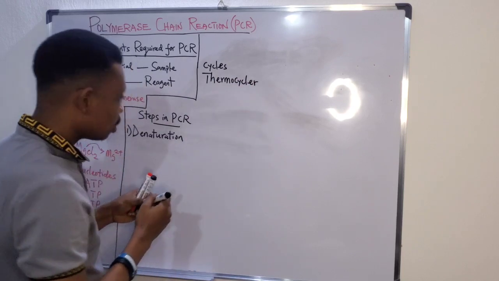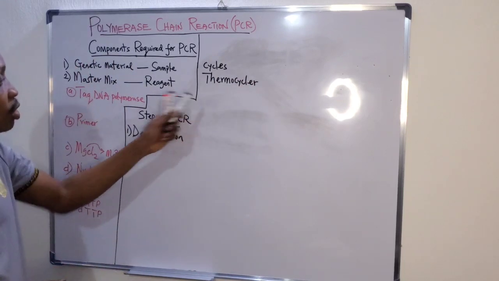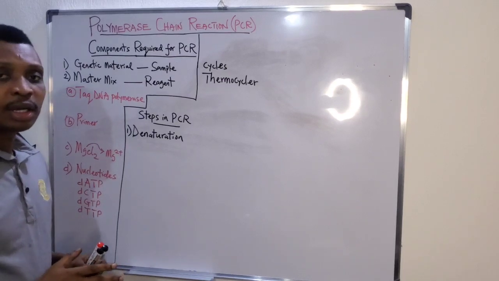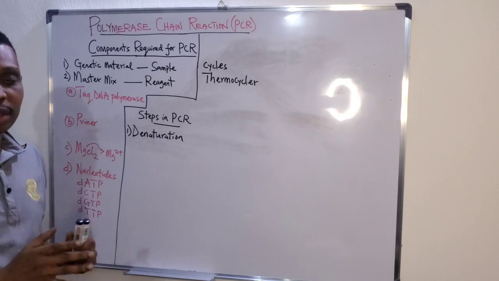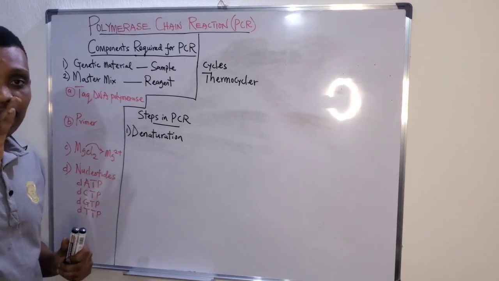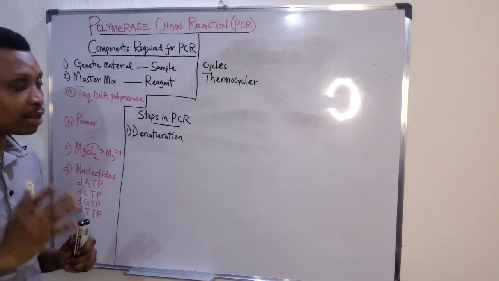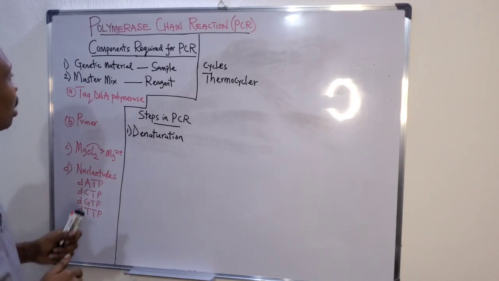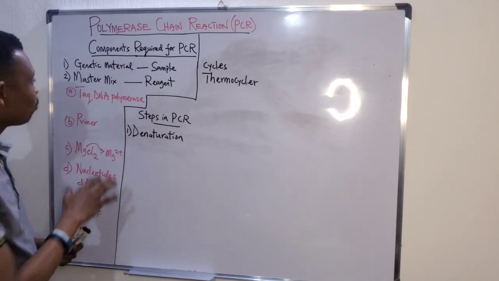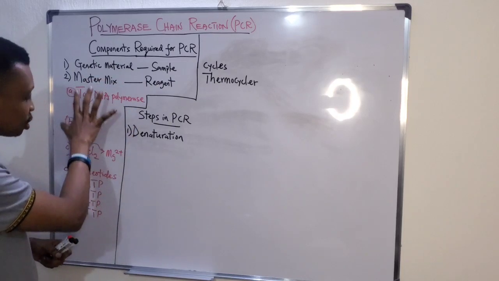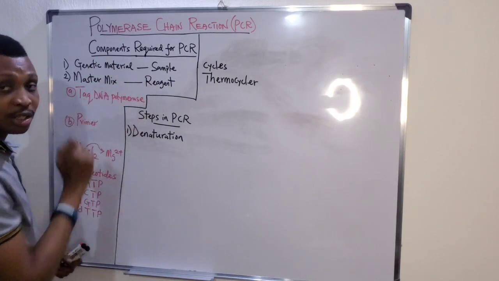Now, what this thermocycler does is, it regulates the temperature of the solution it contains. It raises and decreases the temperature at intervals. So, the genetic material is the sample, and the master mix, which contains all these components, is the reagent.